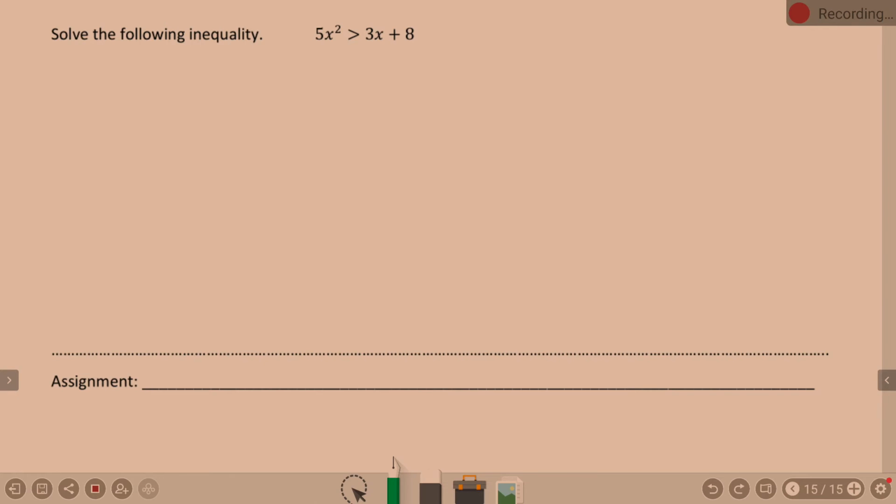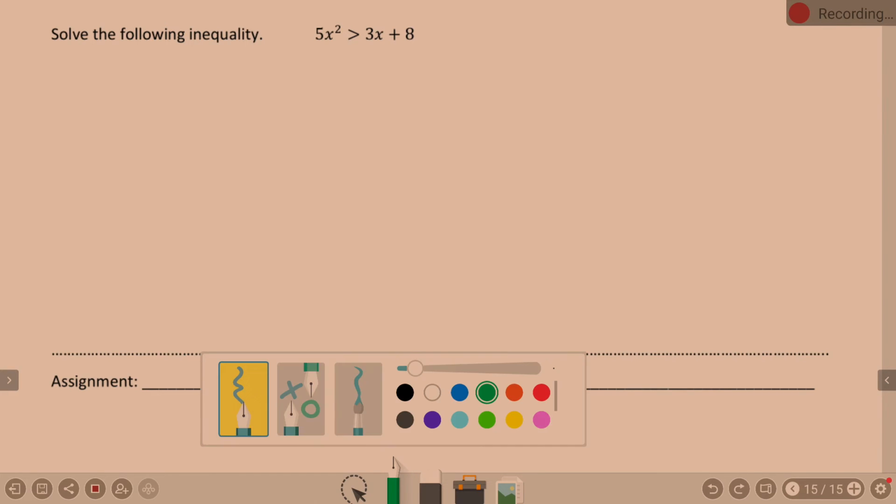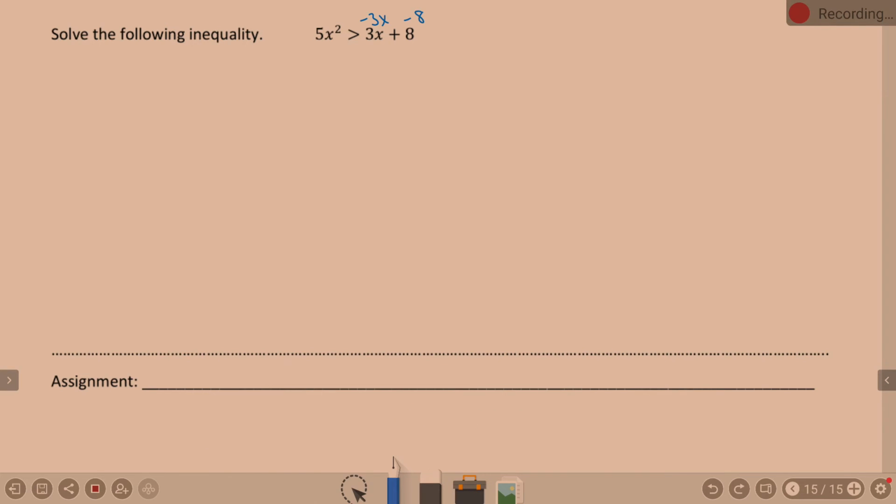So I like my positive 5x squared, which means I'm going to suggest that we subtract 3x and subtract 8. So if I do that, 5x squared minus 3x minus 8 is greater than what? 0.